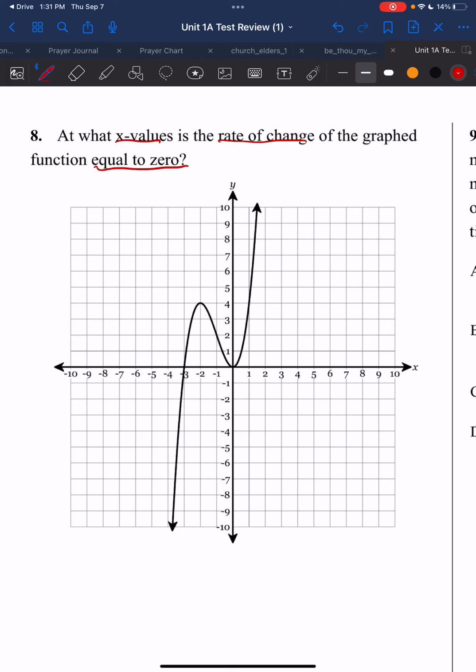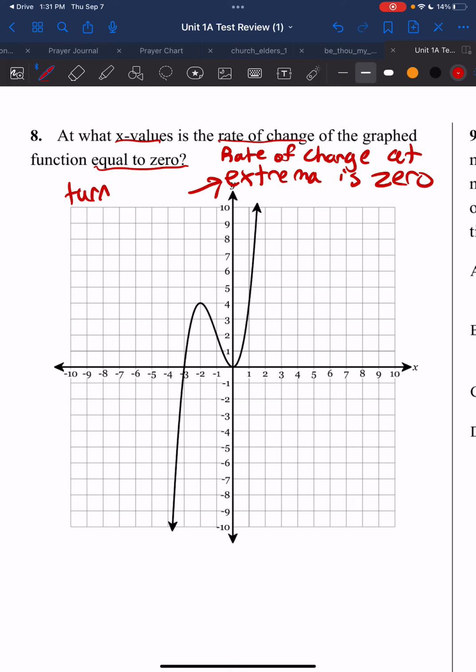So important reminder here is that the rate of change at extrema, and another word for extrema here that you'll see is turning point or max and min. So the rate of change at my max and min, my extrema, my turning points is 0. So I find my two turning points.